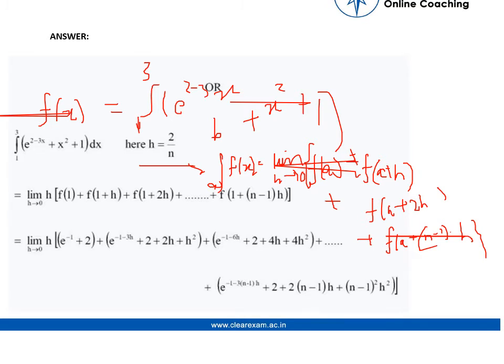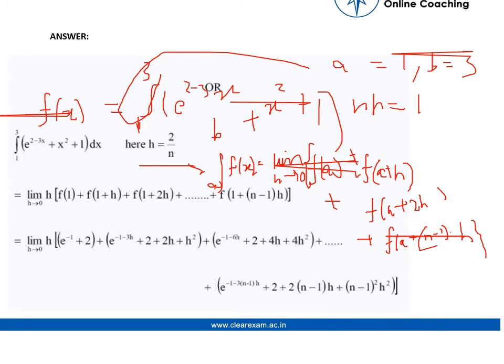So here a is equal to 1 and b is equal to 3 by comparing the range of the integral over here. So the value of nh is b minus a, which is equal to 2, and therefore h is equal to 2 by n.